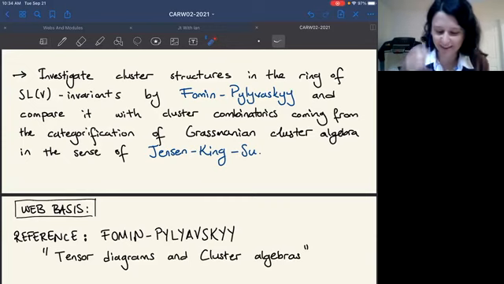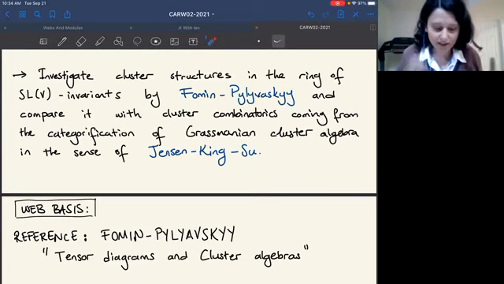So the first thing we have is Fomin-Pylyavskyy cluster structures in the ring of SL_k invariants. I'm always considering the disk, but as you will hear, there will also be a similar version of Chris's talk.